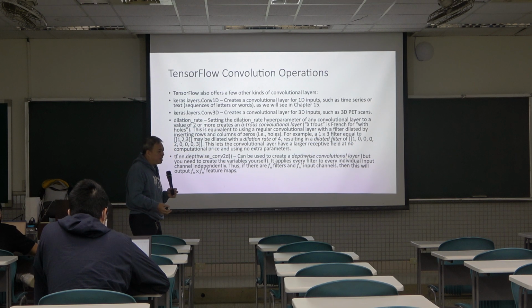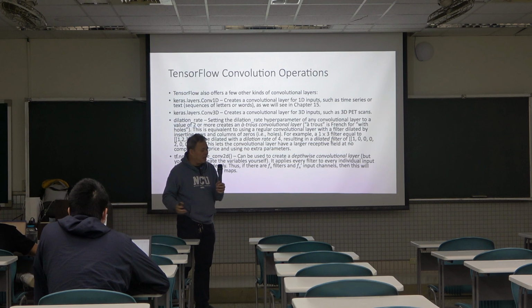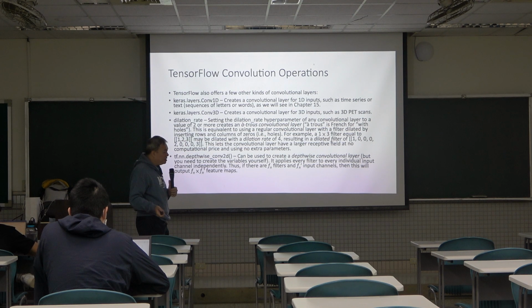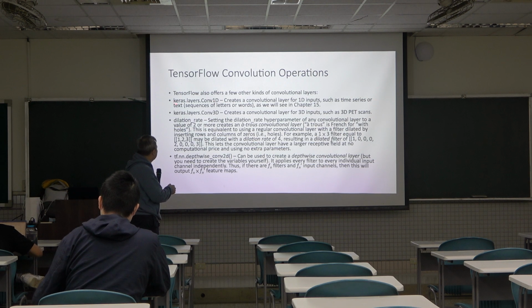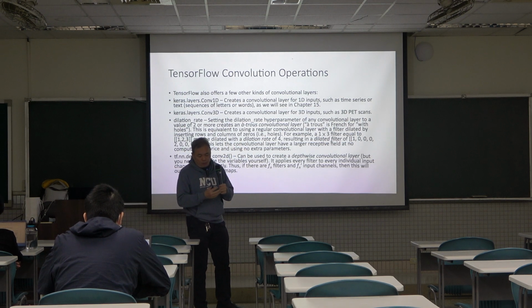We have talked about the two-dimensional convolutional layer, so for 1D or 3D the idea is pretty much the same. In some applications we do need that. For example, Conv1D can be applied to time series or text, because all these time series and text are one-dimensional.